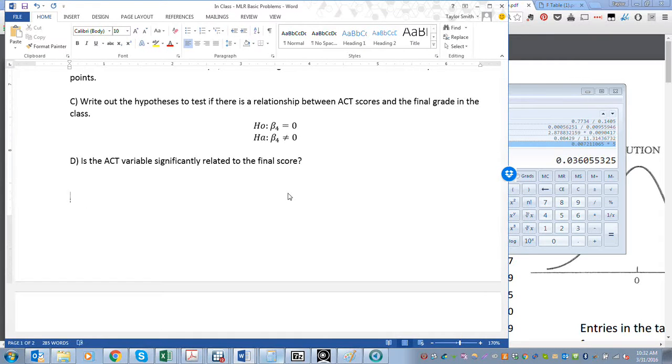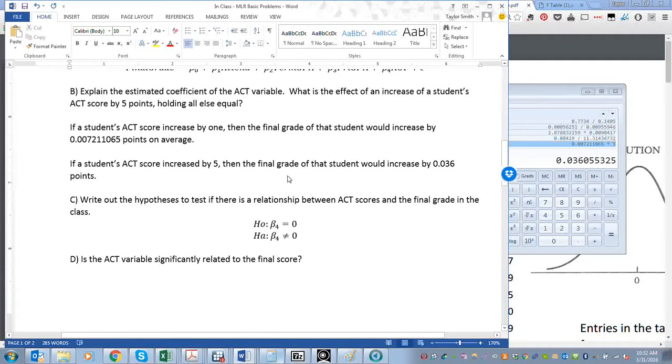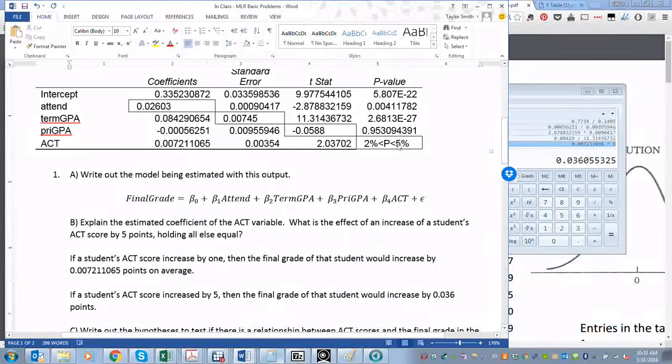So if you chose 5% or 10%, I'm going to say: if alpha equals 5% or 10%, then ACT is significantly related to final score. And why is that? Because our p-value is less than 5%.